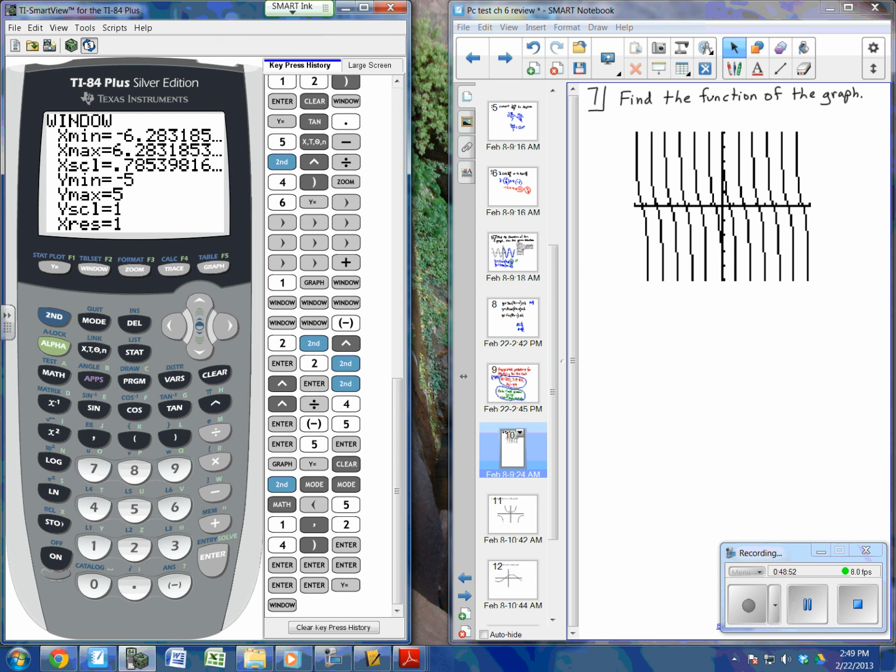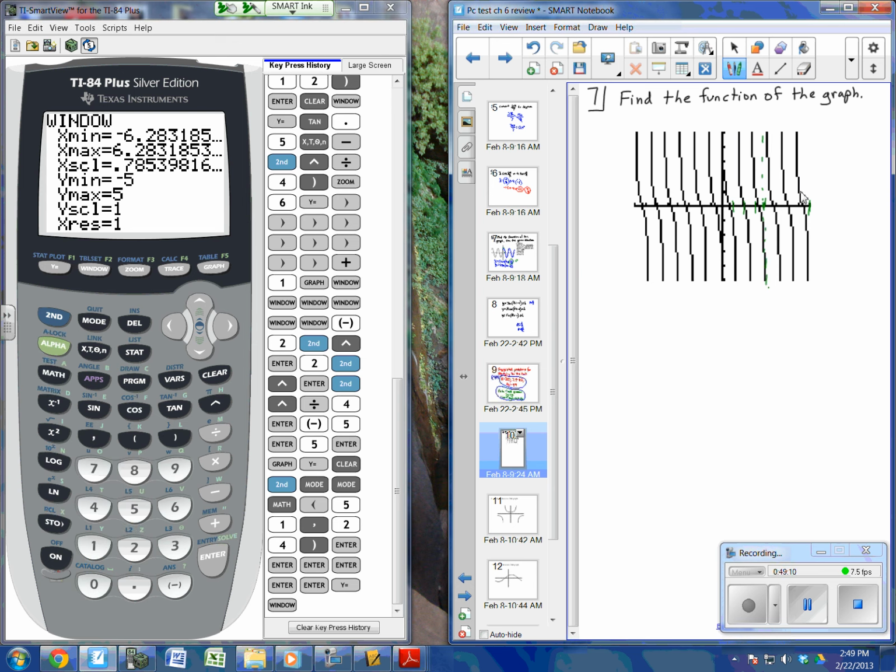Well, I can see, if I'm looking at this graph right here, that here's 2 pi. So this right here is pi fourths, pi halves, 3 pi fourths. I believe that's pi right there. And if you look right here, there's an asymptote right there.